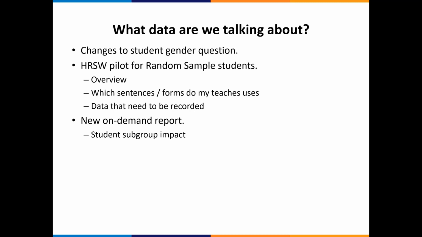We'll give a quick overview of this new pilot, how to tell which sentences you and your teachers will be administering to their students, and how the data need to be recorded on the website. And finally, we're going to talk about a new on-demand report that is going to be available to teacher leaders. This is our student subgroup impact report.